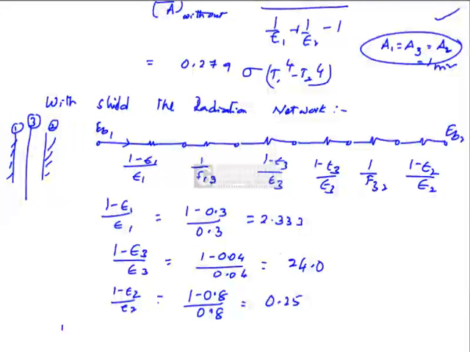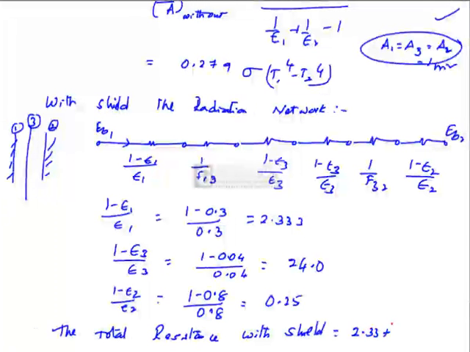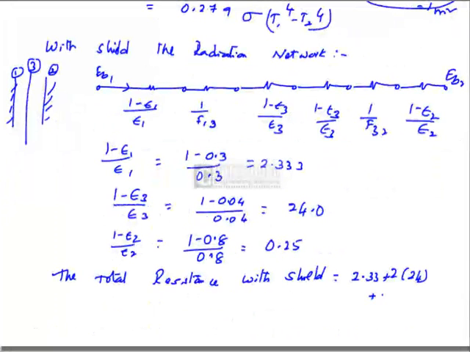So the total resistance with one shield is 2.33 plus 2 into 24 plus 2 into 1 surface space resistance plus 0.25. It results in 52.58.